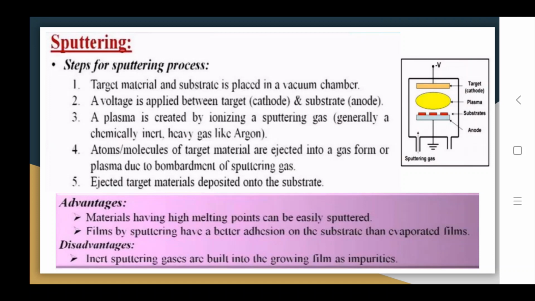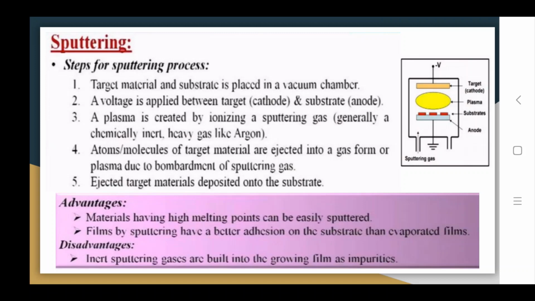Then you are using a certain kind of plasma. If voltage is applied between the target and the substrate, there should be some kind of potential difference between the cathode and the anode. So plasma is created by ionizing a sputtering gas, generally a chemically inert heavy gas like argon.